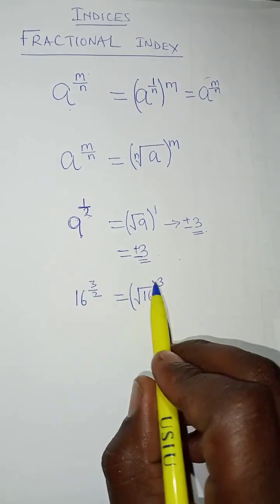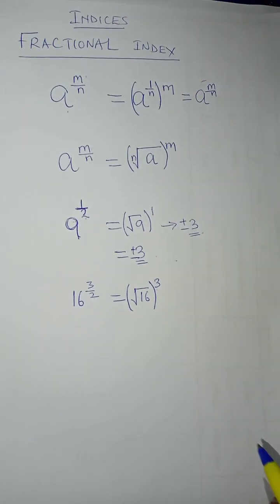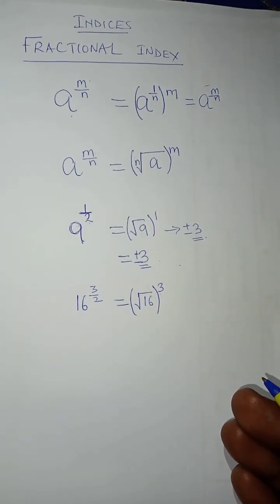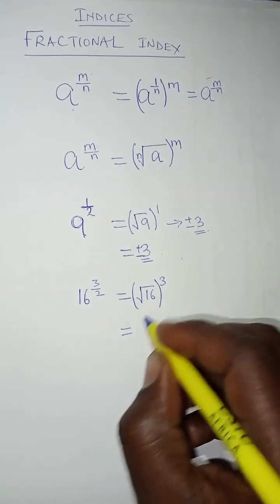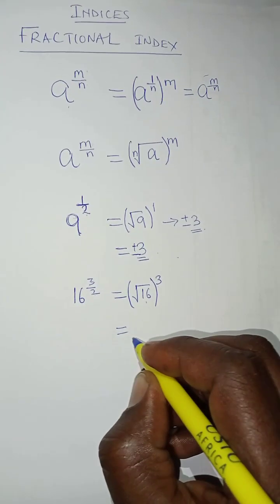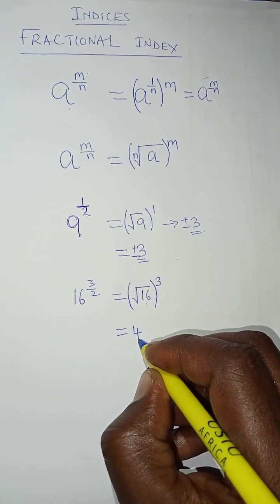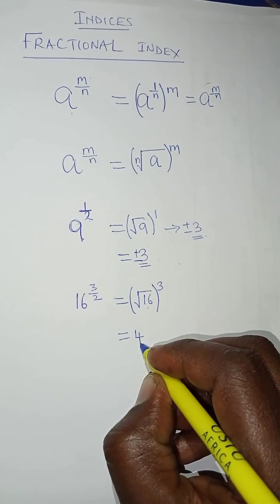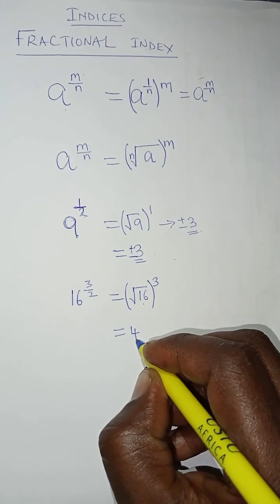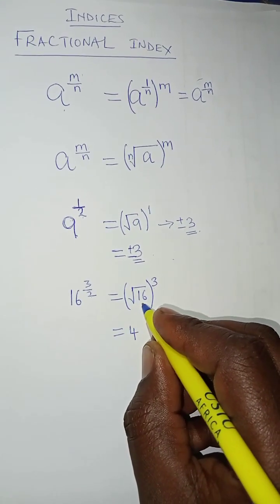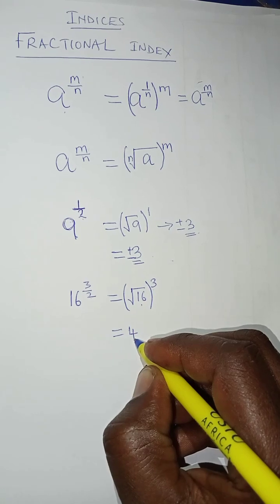This 3 over here becomes the last power to handle. For purposes of this example, let's take the square root of 16 as a positive 4. We know that there is also a negative 4.